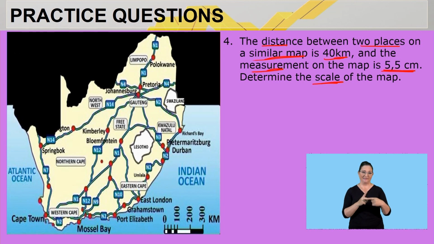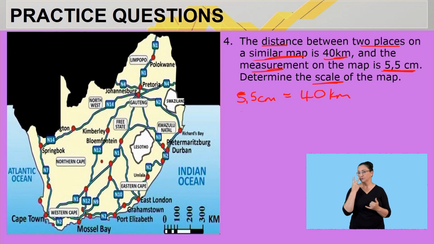All right, so now we're working backwards. So first thing is, let's quickly relate these two. We are saying 5,5 centimeters equals, in real life, 40 kilometers, because it's the distance between the two places. In real life it's 40 kilometers, but on our map it is 5.5 centimeters.